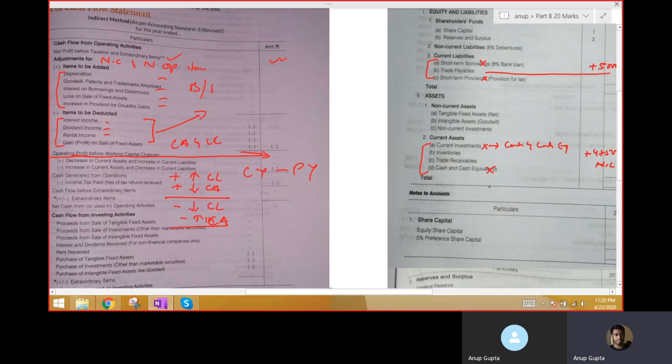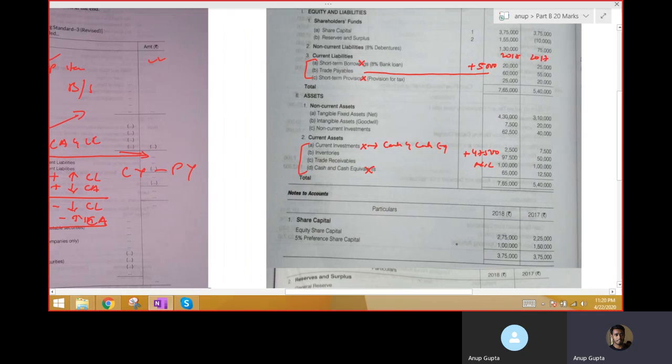In this case, if you see, CY was 60,000 and PY was 55,000, so that is 5,000 positive. Then for inventory, CY was 97,500 and PY was 50,000, so that is 47,500.